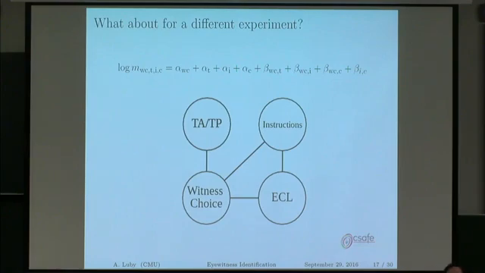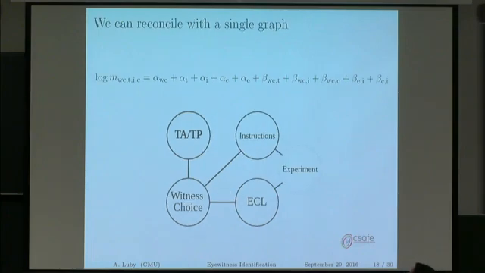And so this is kind of a problem because we would like to have the same graph for the same variables regardless of the experiment. But we can reconcile that just by adding another node. The experiment's a binary variable, so we can account for the interaction between instructions and the expressed confidence level with this new variable and 2 interaction terms.